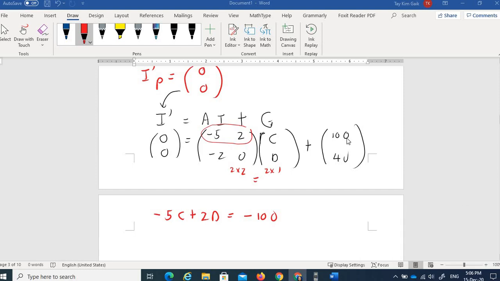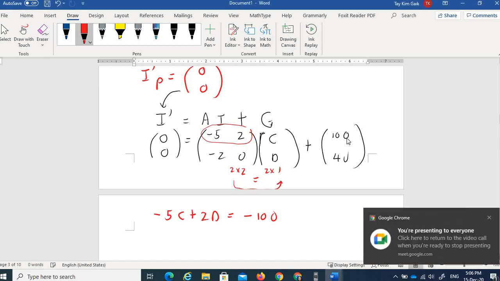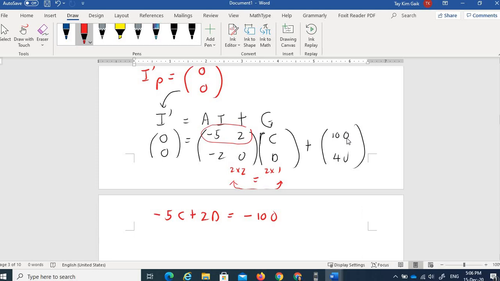So these two matrices can be multiplied and the result is actually 2 by 1. Then you get a vector, 2 rows, 1 column.